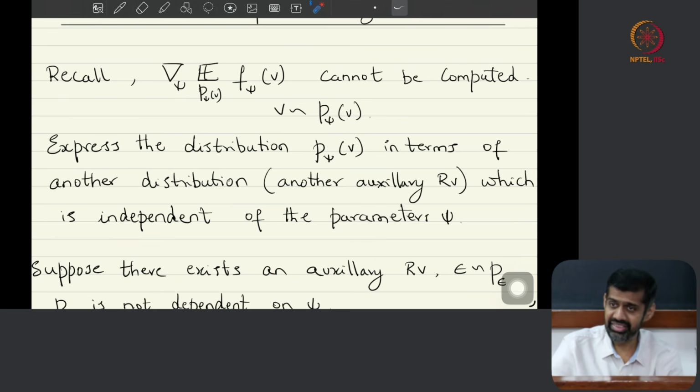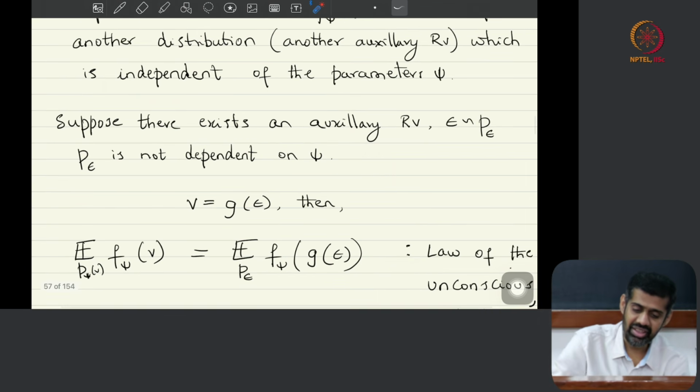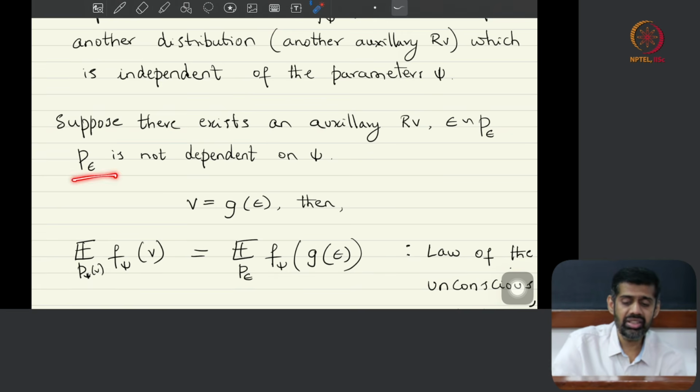We have been doing this sort of reparameterization multiple times in our probability theory courses. Let us see what that is. Suppose there exists another auxiliary random variable, call it epsilon, coming from a distribution p epsilon. Now, p epsilon is not dependent on psi, which is the parameter with respect to which we are seeking the gradient. Now, let us say that I can express the random variable v in terms of a function of this auxiliary random variable epsilon.